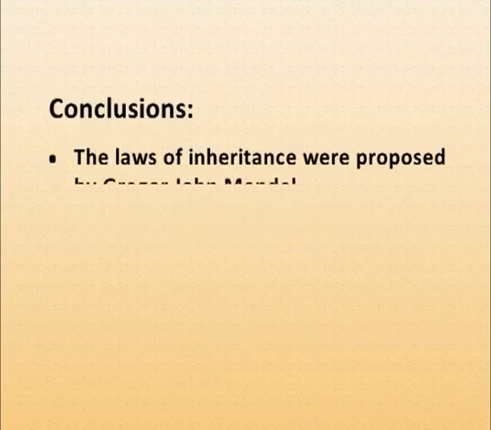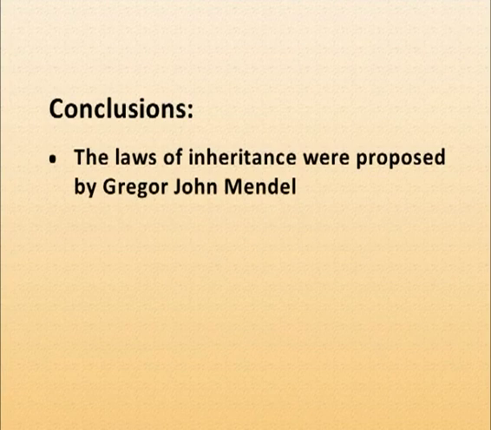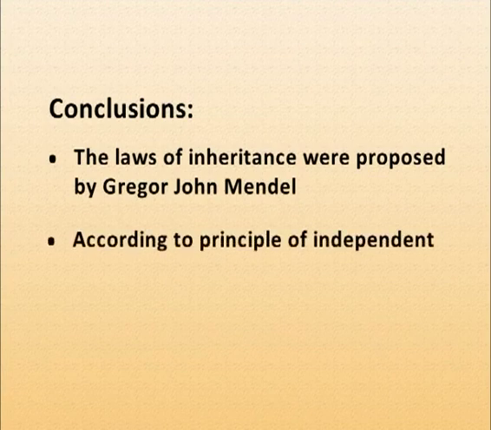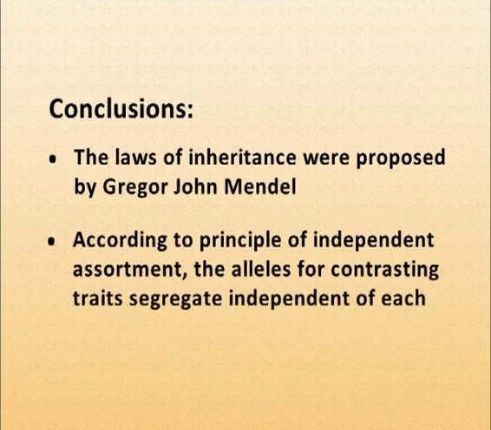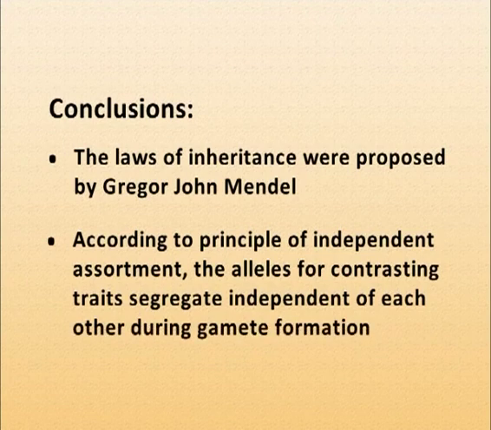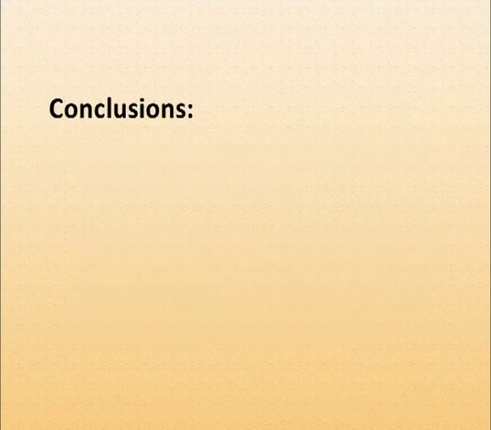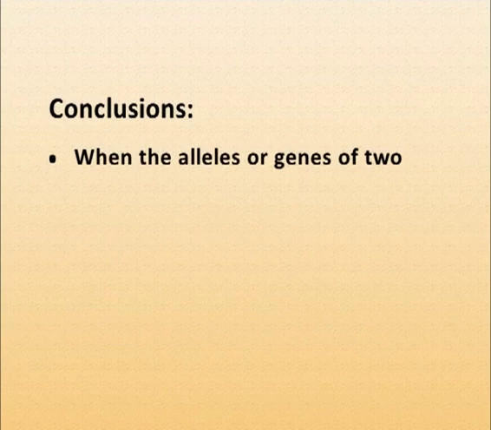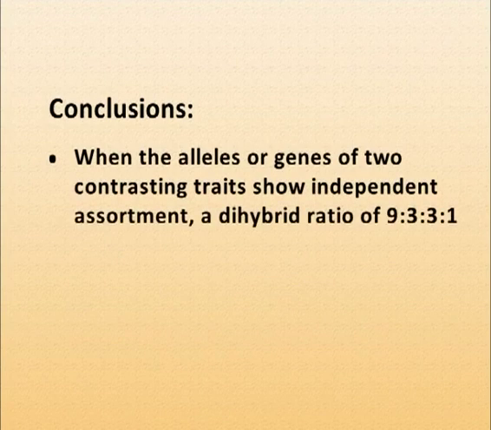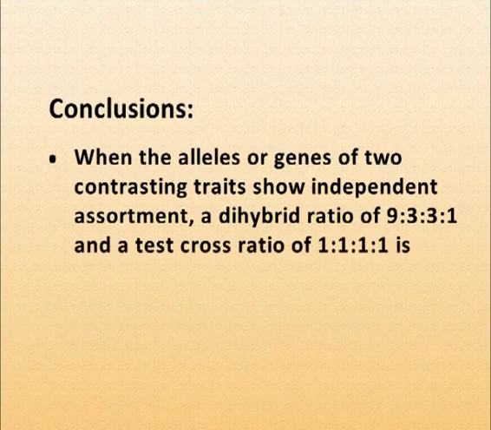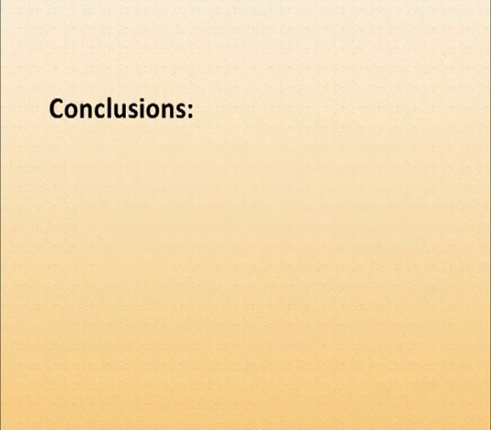Laws of inheritance were proposed by Gregor John Mendel. According to the principle of independent assortment, the alleles for contrasting traits segregate independently of each other during gamete formation. When the alleles or genes of two contrasting traits show independent assortment, a dihybrid ratio of 9:3:3:1 and a test cross ratio of 1:1:1:1 is expected.